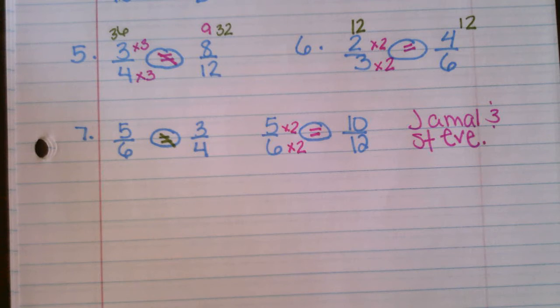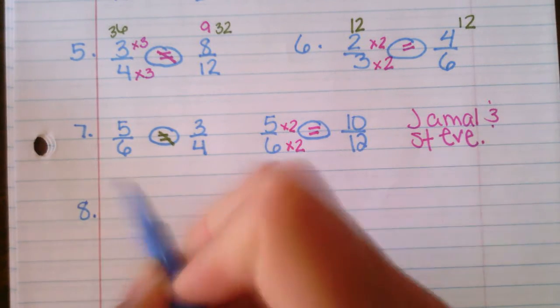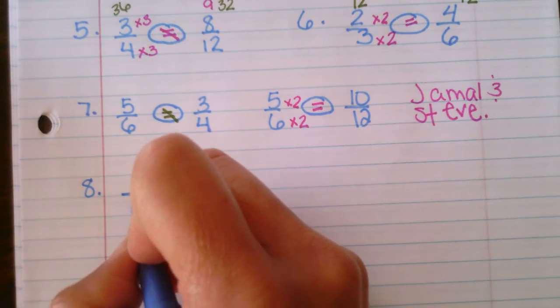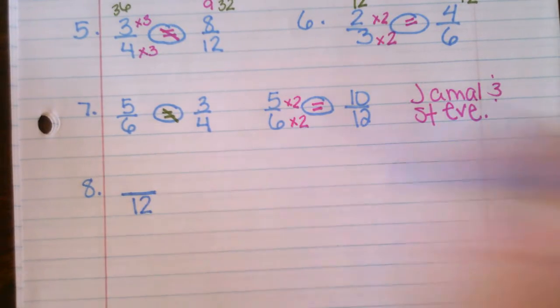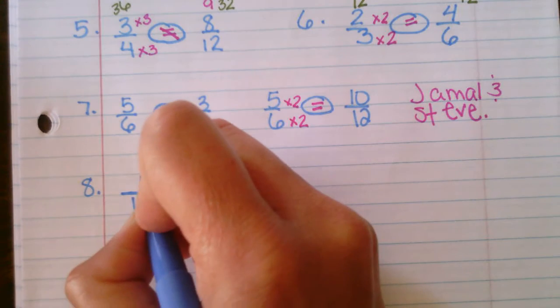Okay. Number 8. Sophia's vegetable garden is divided into 12 equal sections. So that tells us our denominator is 12. She plants carrots in 8 of the sections.